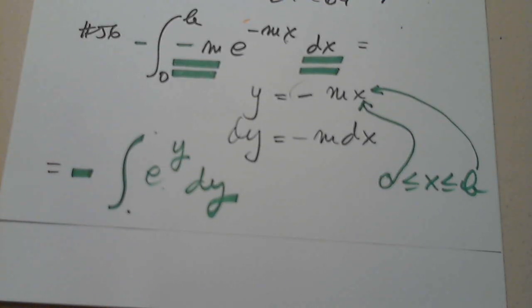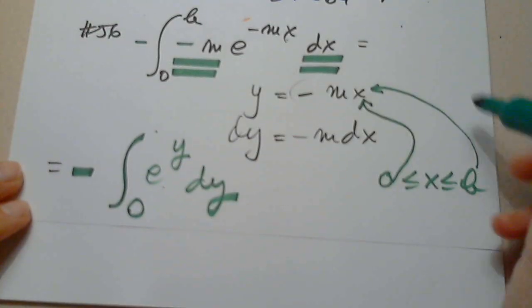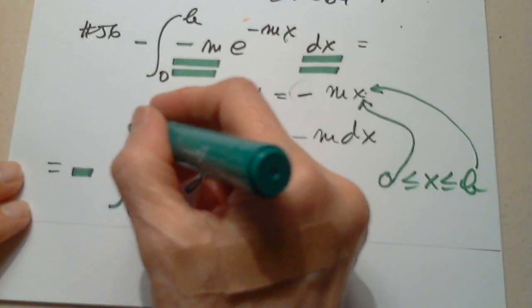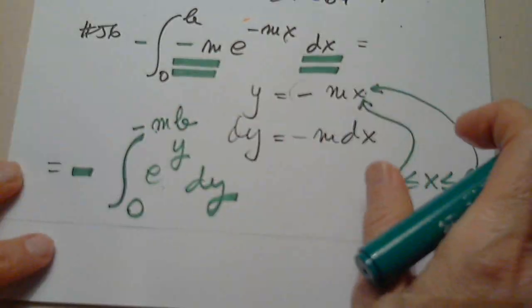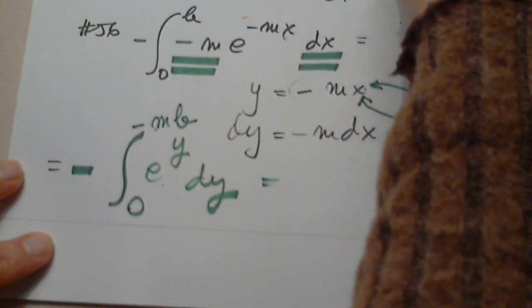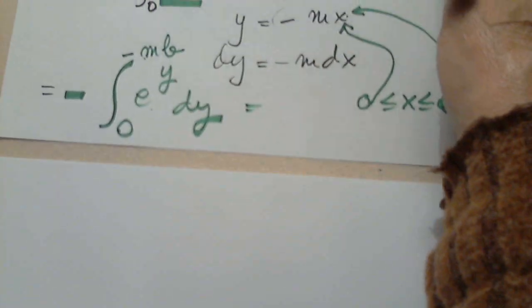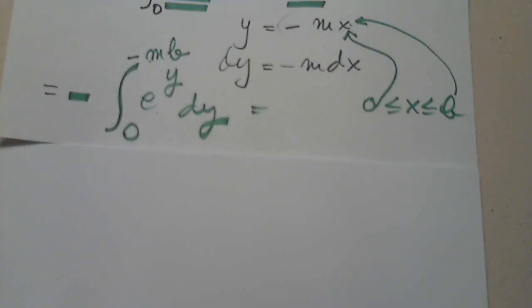When x is 0, how much is y? It's also 0, right? Perfect. When x is b, then we have negative mb. A little weird, but that's okay. That's what it is. Good.